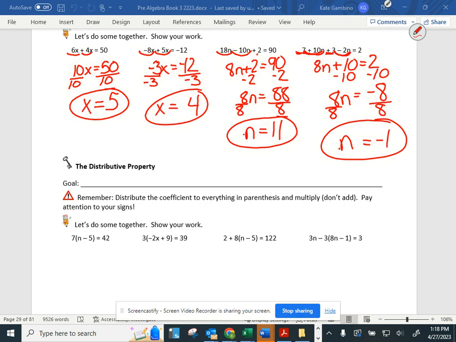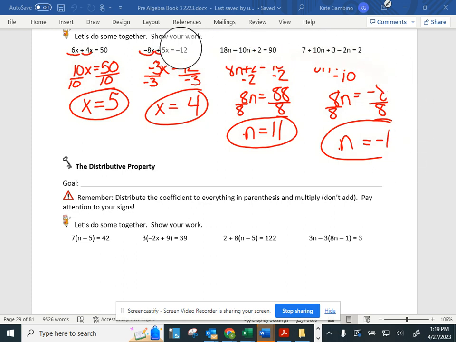Did you take the 8 for this one? Yeah, so up here was 8n plus 10. So I subtracted 10 so that 8n was still there. And then I have to divide it by that coefficient of 8 to get my n by itself. So there were a lot of 8's in this problem. Any other questions on this one?